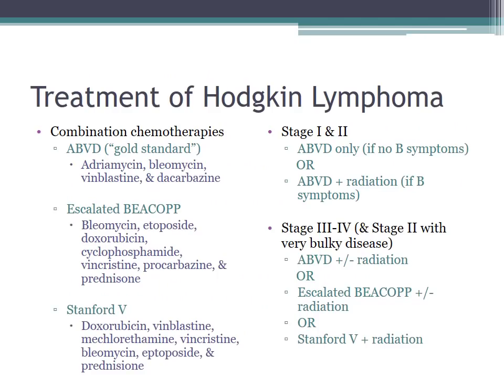There are several combination chemotherapies that can be used in the treatment of Hodgkin's lymphoma. The gold standard for these chemotherapy combinations is the ABVD, which is adriamycin, bleomycin, vinblastine, and dacarbazine.